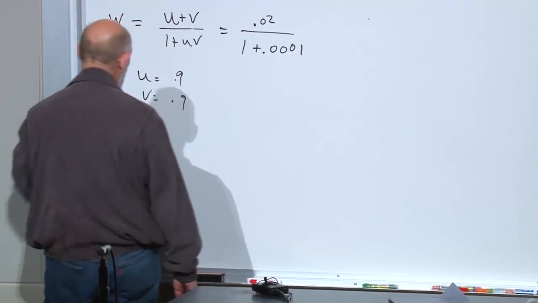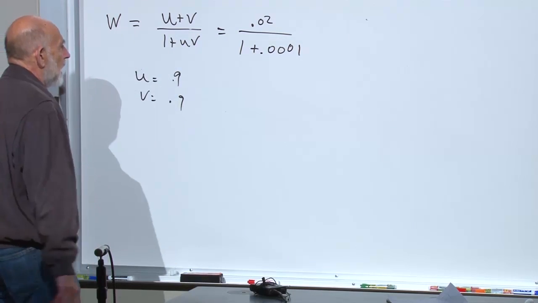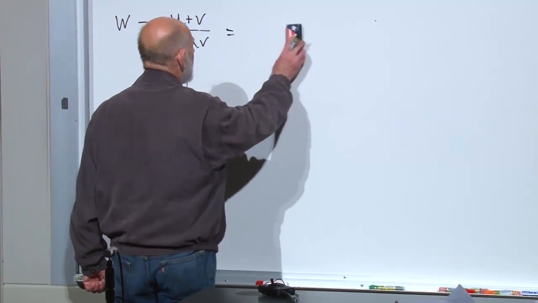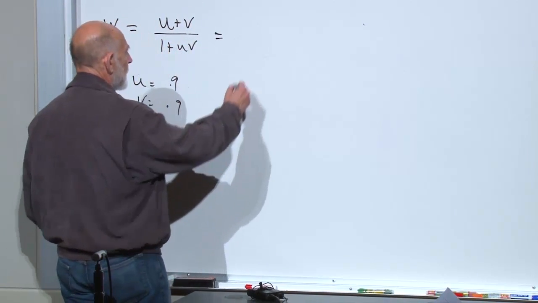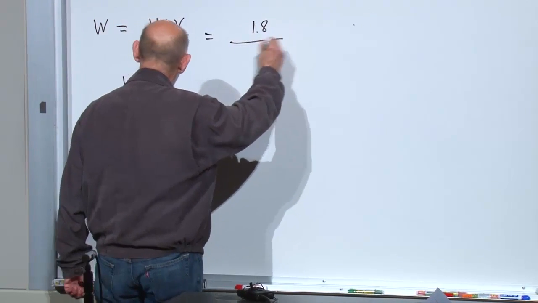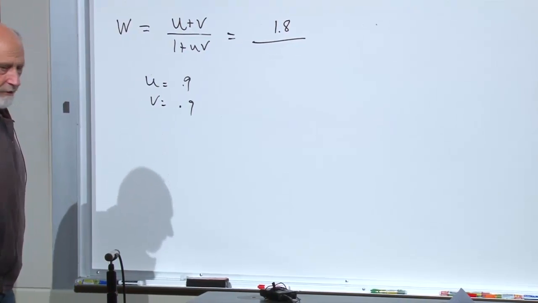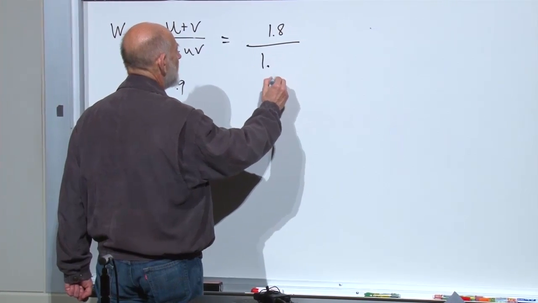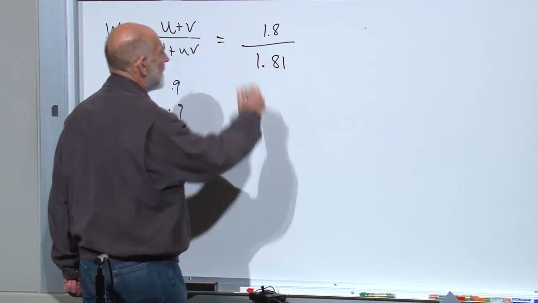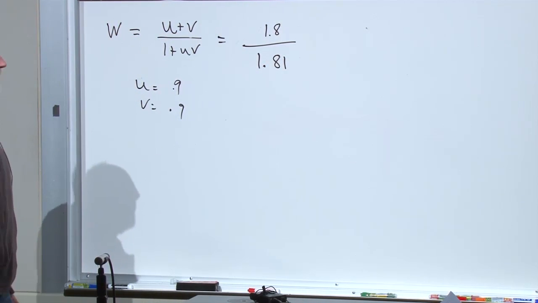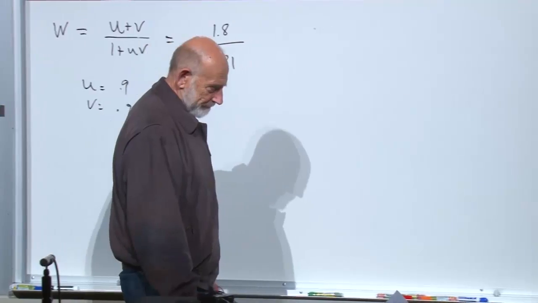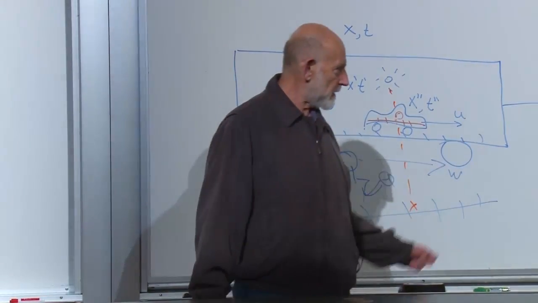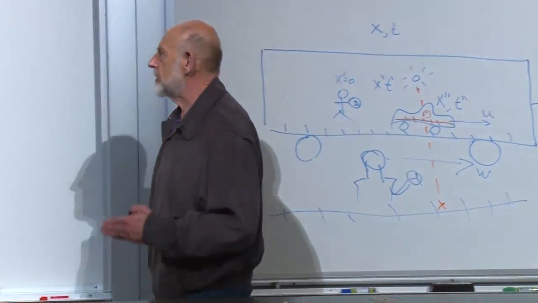He would have added these two numbers, but Einstein would have put in the denominator here, so let's see what we get. We get 0.9 plus 0.9, that's 1.8, divided by 1 plus 0.9 squared. 0.9 squared is 0.81, so the denominator is 1.81, slightly bigger than 1.8. The result is that the net velocity is slightly less than 1.